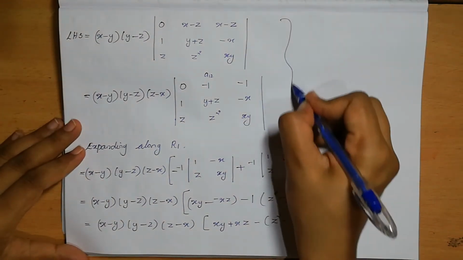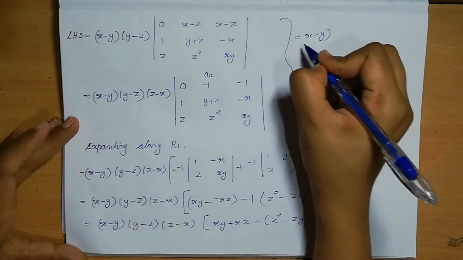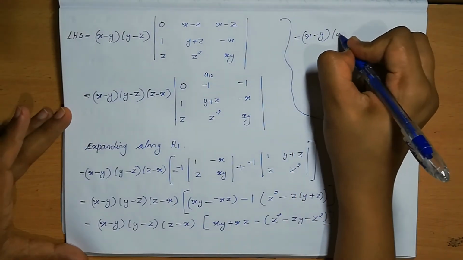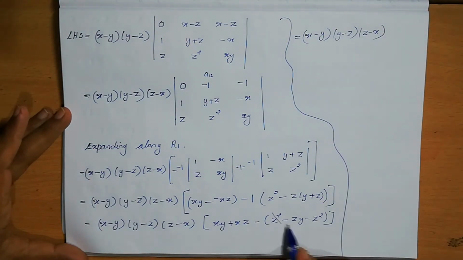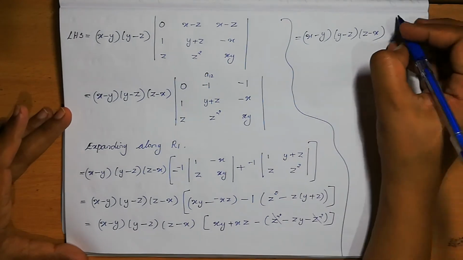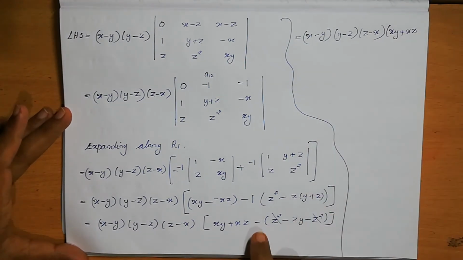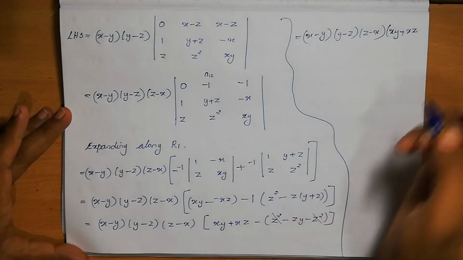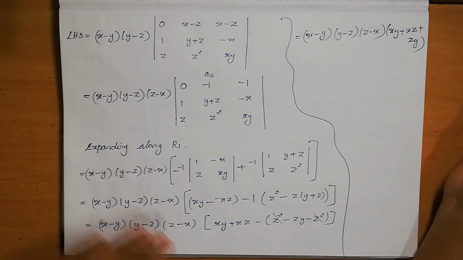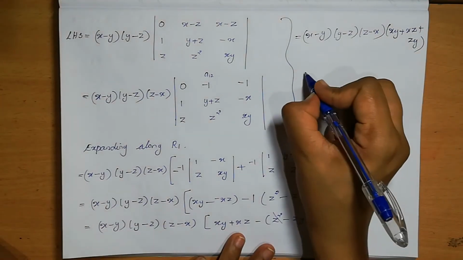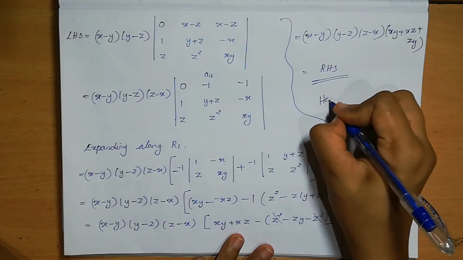Next we can open the bracket: equal to x minus y minus z minus x. Here plus z square minus z square cancel. So what is inside the bracket? xy plus xz, minus minus plus, that means plus zy plus zy, that is the RHS, right? Equal to RHS. So hence proved we can write.